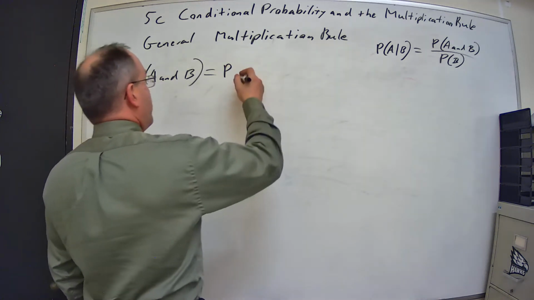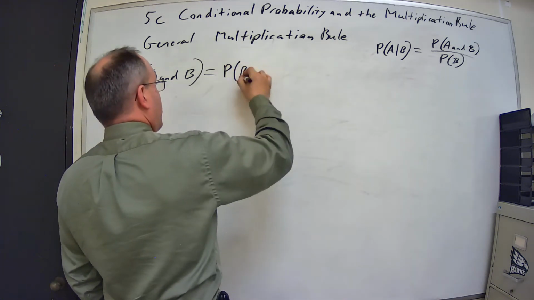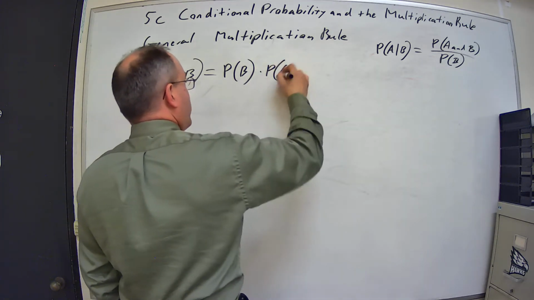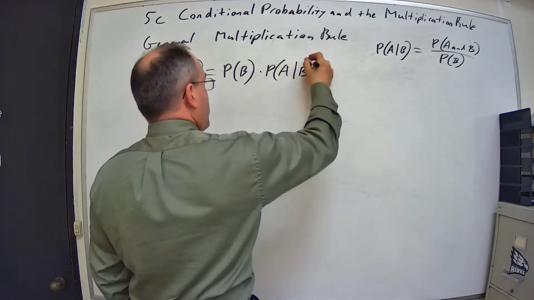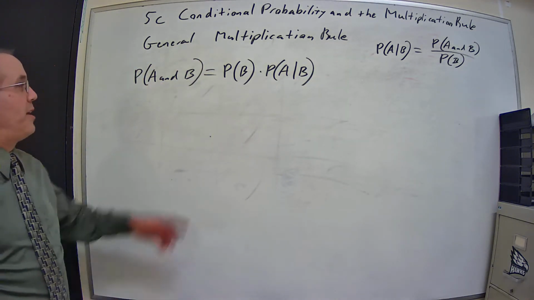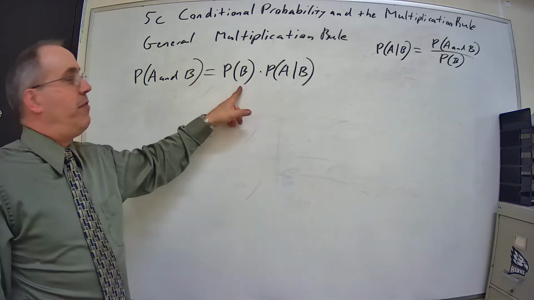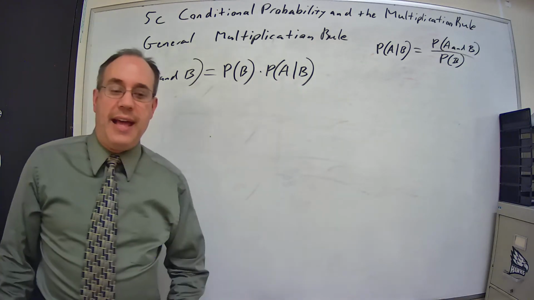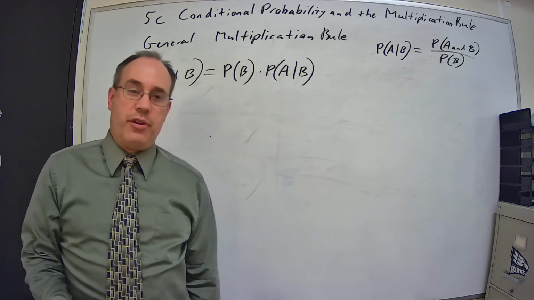The probability that event B occurs multiplied by the probability that event A occurs given that B has occurred. So that's why it's called the general multiplication rule. We're multiplying the probability that event B occurs by the probability that event A occurs given that event B has occurred.